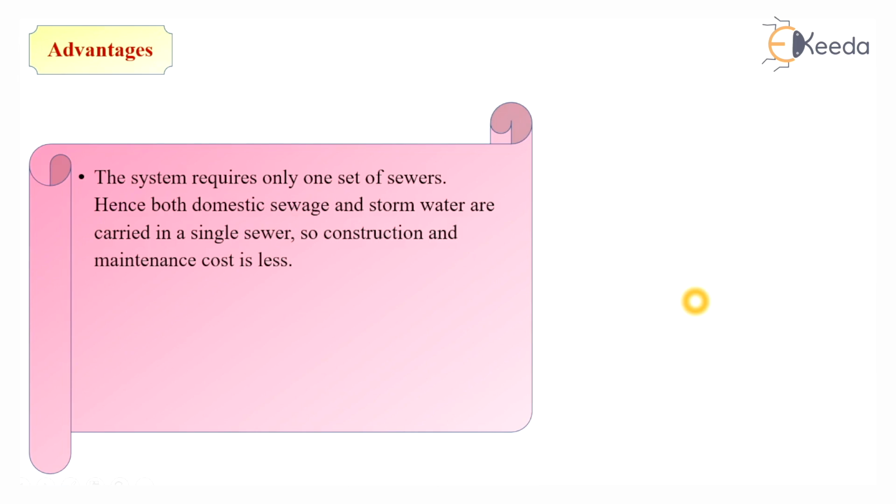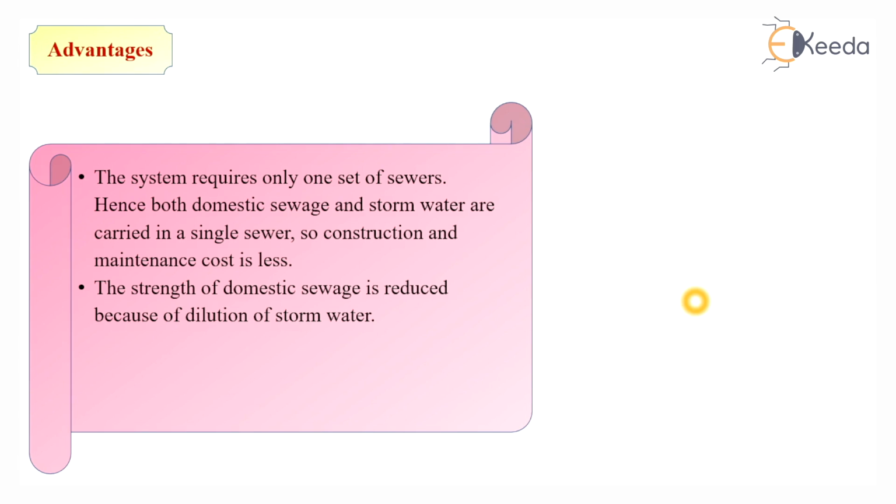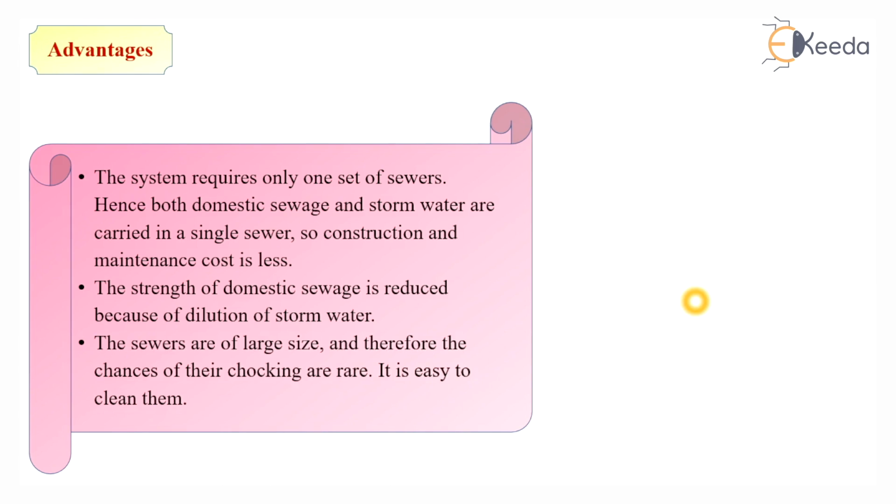Advantages of combined systems are: this system requires only one set of sewer, hence both domestic sewage and stormwater are carried in a single sewer, so construction and maintenance cost is less. The strength of domestic sewage is reduced because of dilution by stormwater. The sewers are of large size and therefore the chances of their choking are rare.